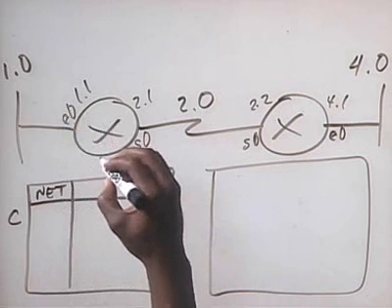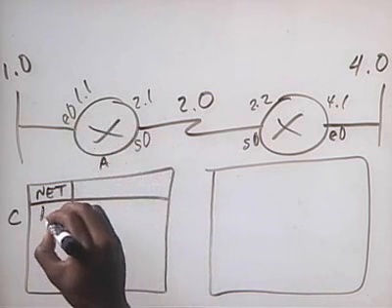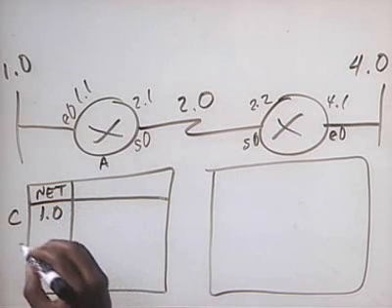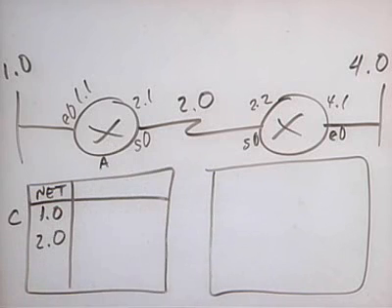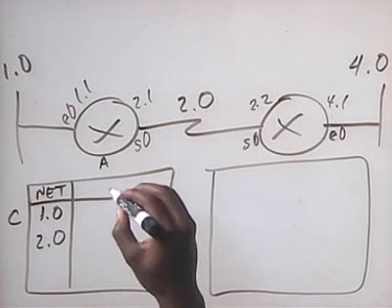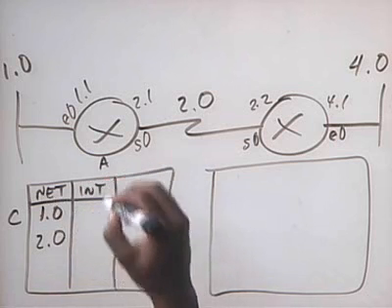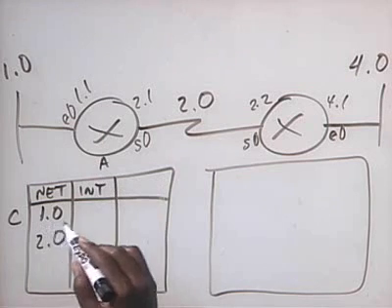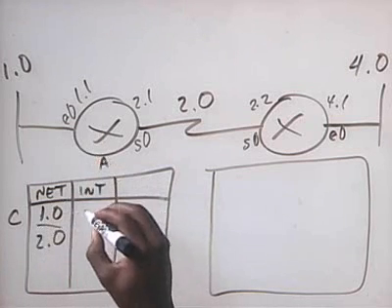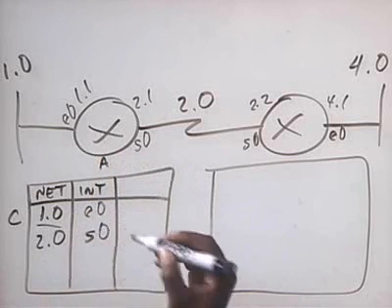So on router A here, we'll have network 1, and we'll also have network 2 as a directly connected network. In addition to the network entry, there's also an interface entry that will indicate the interface for that directly connected network. So you'll have interface E0 and interface serial 0 in the routing table.